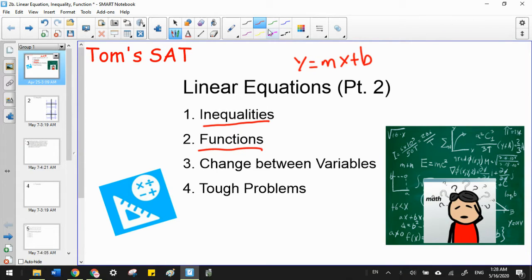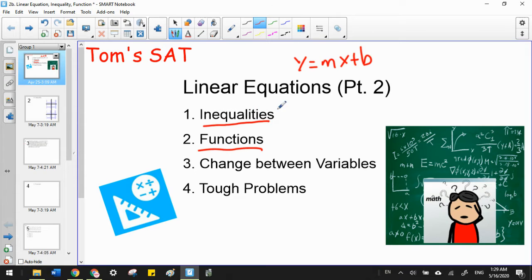And we're going to dive a little bit deeper into the change that occurs between variables when we have any kind of equation or functions or inequalities that have a linear behavior. And then after that, we'll try 2 tough problems, and that'll be the day.